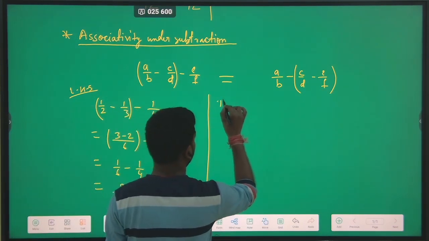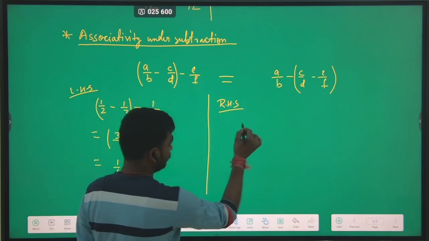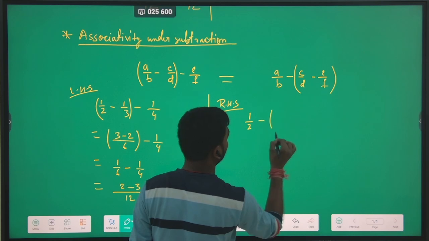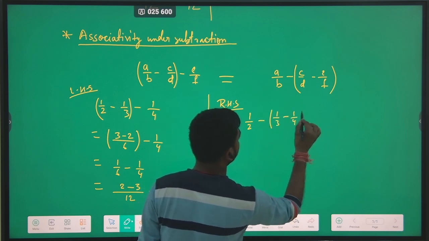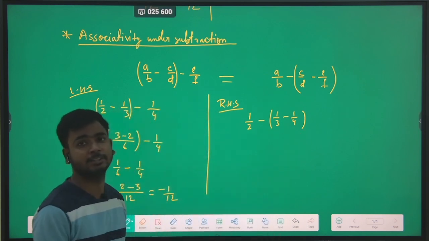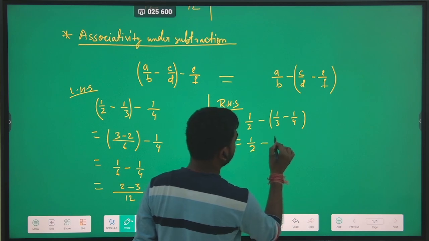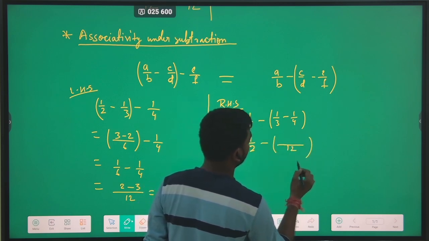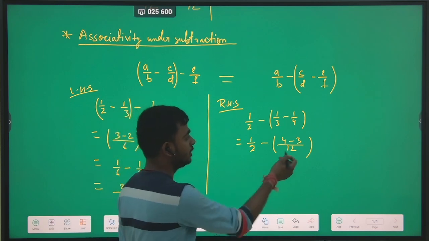On the RHS part, if we solve, what will we get? This will be 1 by 2 minus (1 by 3 minus 1 by 4), with these two under parenthesis. The LCM of 4 and 3 is 12, so it will be 4 minus 3 in the numerator and the denominator will be 12.